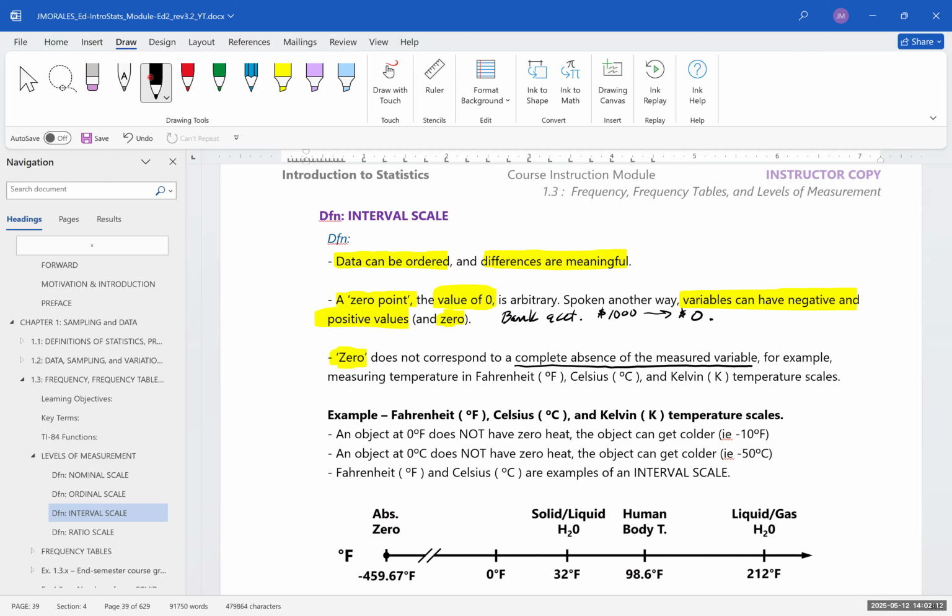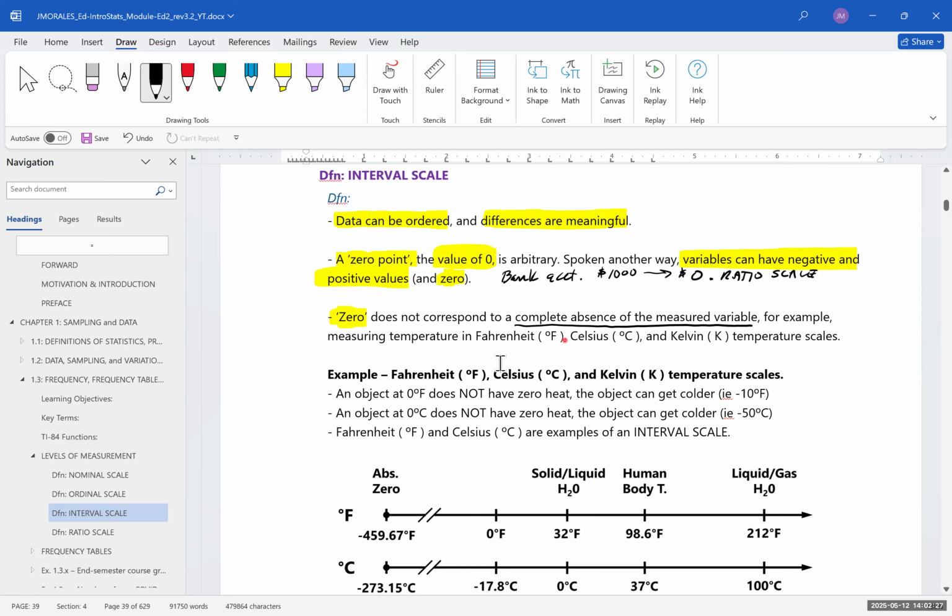This would be an example of what we're going to learn about later, a ratio scale. The example that I have of an interval scale is measuring temperature in Fahrenheit and Celsius.